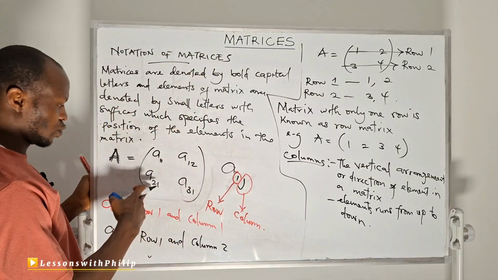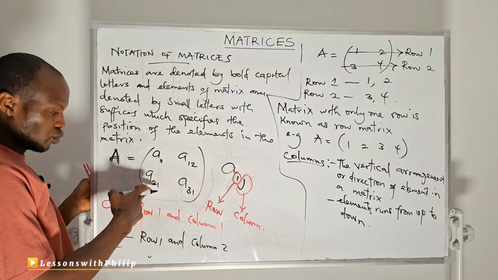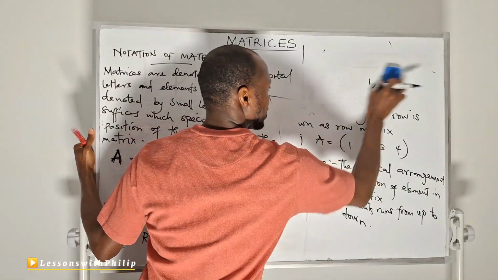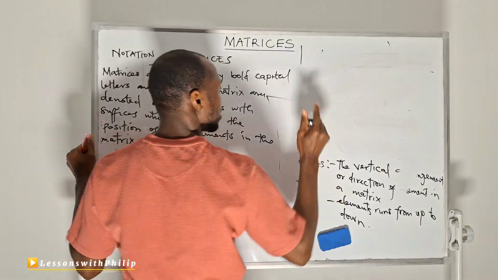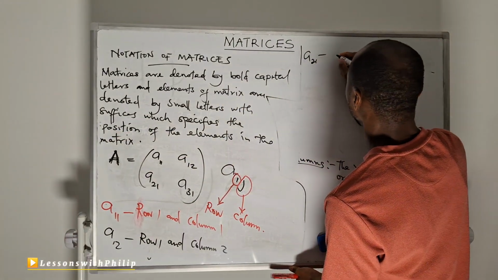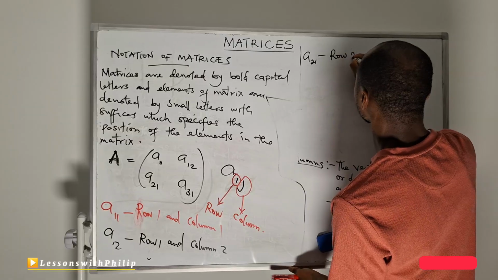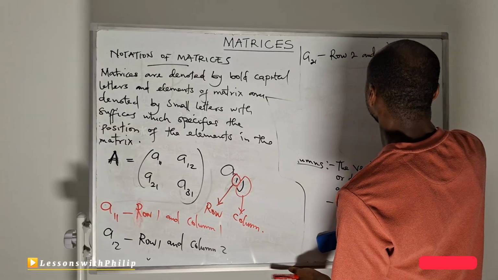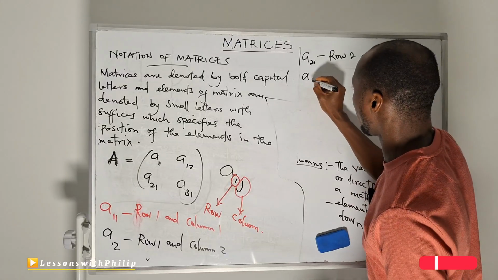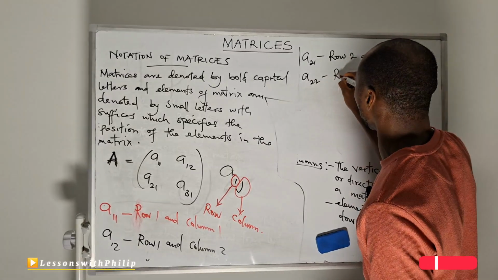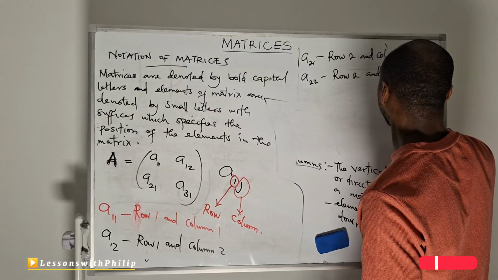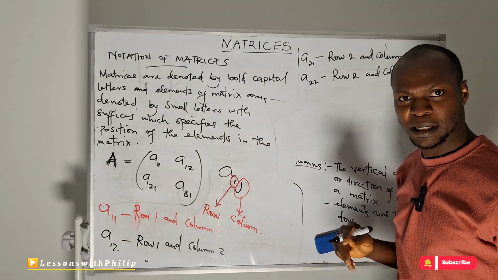And A21 means that the element belongs to row 2 and column 1. When I have A22, it means that it belongs to row 2 and column 2. Do you get it? Can I go further?